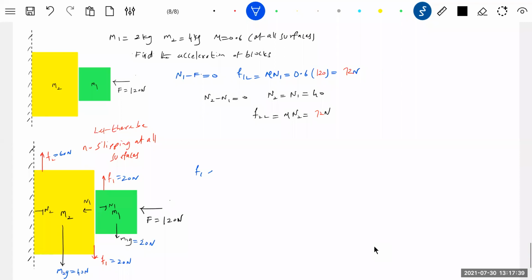Look at F1. Very simple. So therefore, blocks will be at rest. So what I assumed is right or wrong now? Correct. Yeah, what we assumed is right.